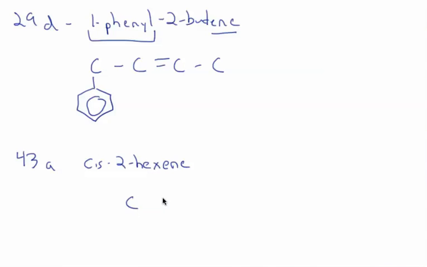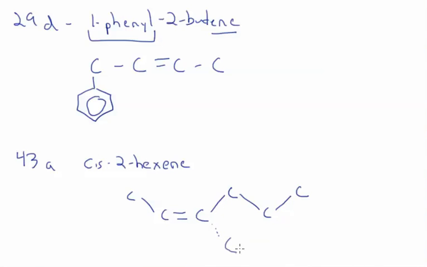So 1, 2, the double bond is after the second carbon, so 3, it's cis. That means that they are on the same side, so it should go up. 4, 5, 6. If it said trans, this carbon would have gone here, right? So make sure you can unpack names even when they include cis and trans.